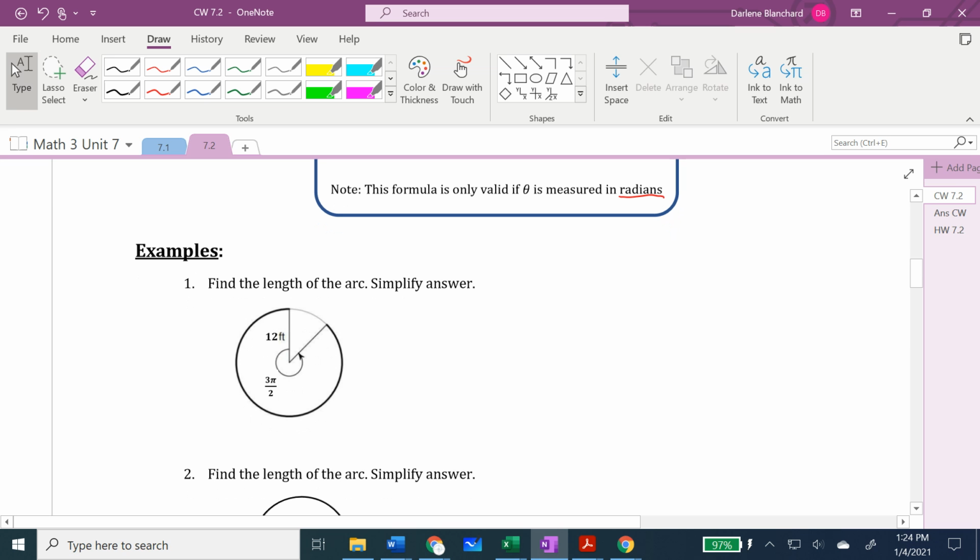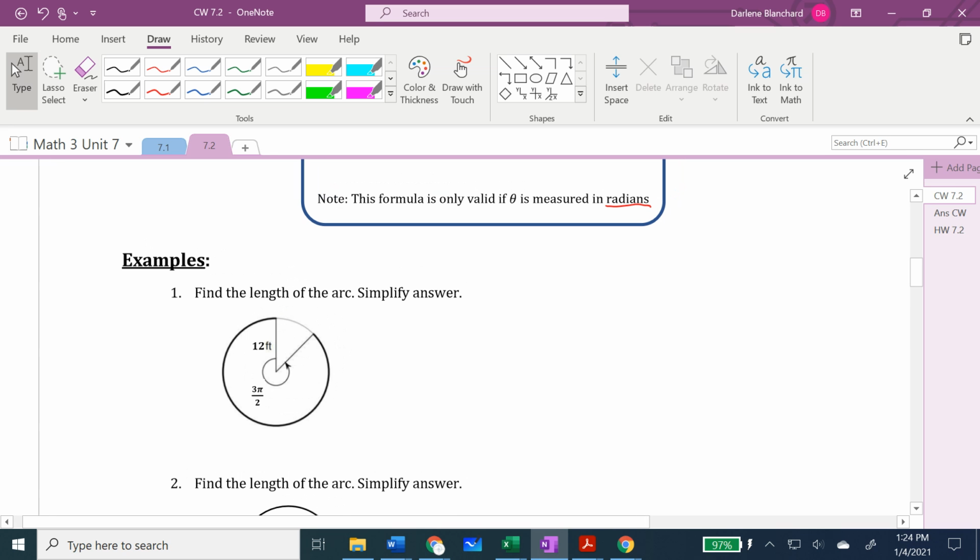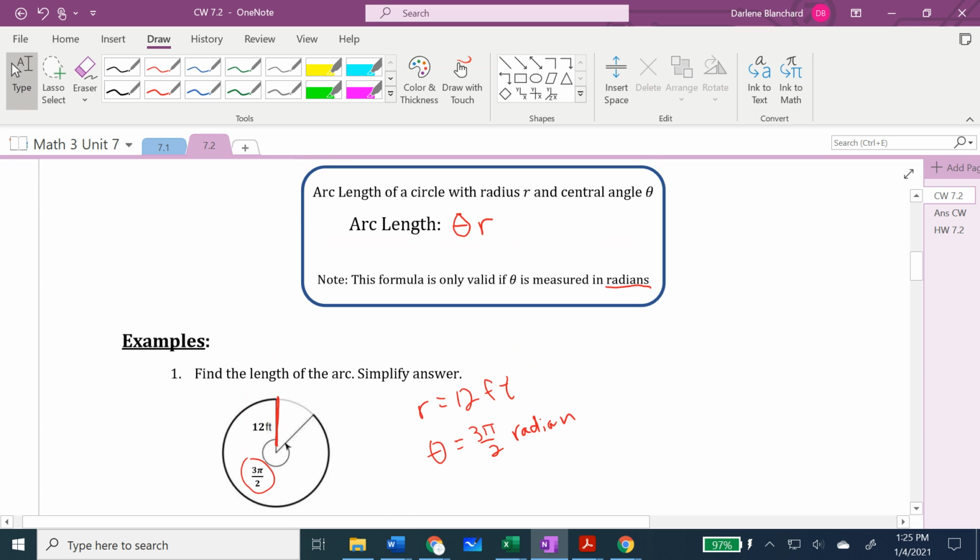So let's practice. Let's say you have an angle 3 pi over 2, and you know that the radius of the circle is 12 feet. If you want to find the length of the arc, all you have to do is multiply those two numbers.